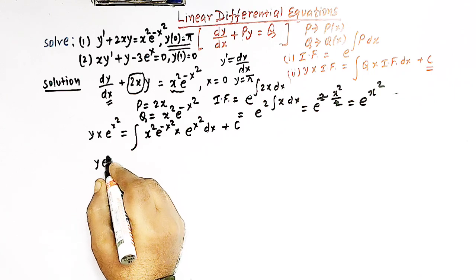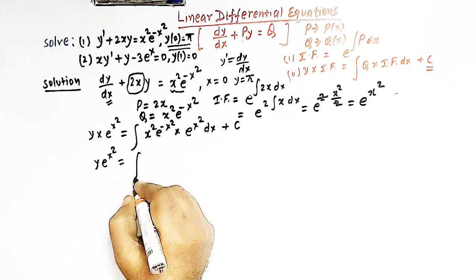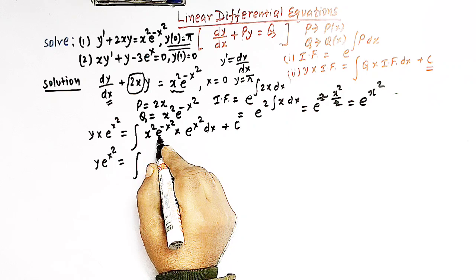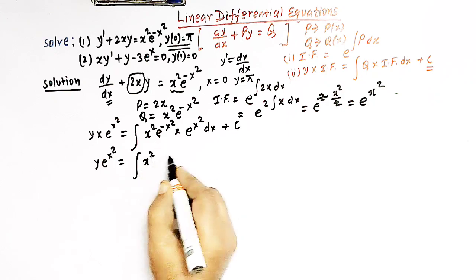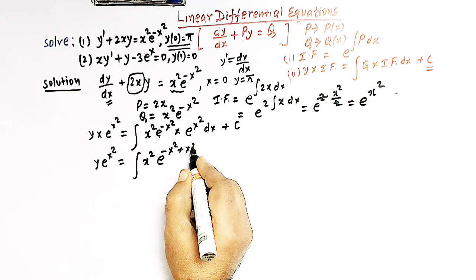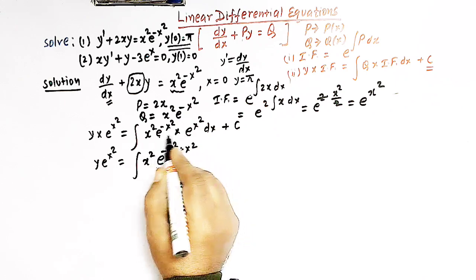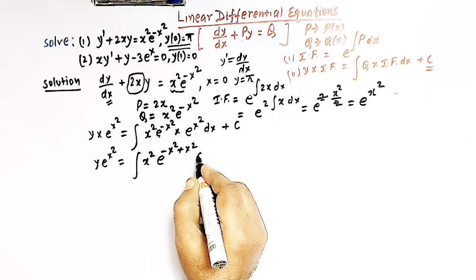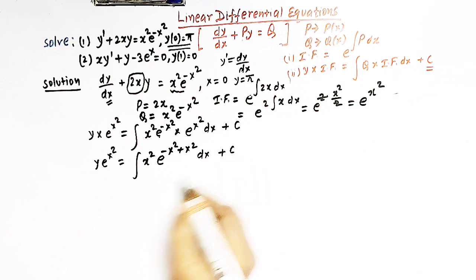So we have y times e raised to x square, and here we can see that we have x square e raised to minus x square plus x square, right? So applying the laws of exponents, and we have c, right?